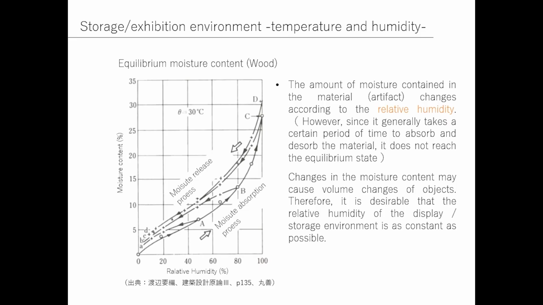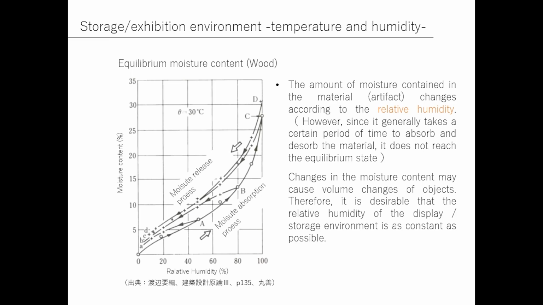Now, how much change in volume occurs? This figure shows how the amount of water in wooden material changes through absorption and release of moisture in response to changes in the relative humidity of the environment in which the wood is placed.